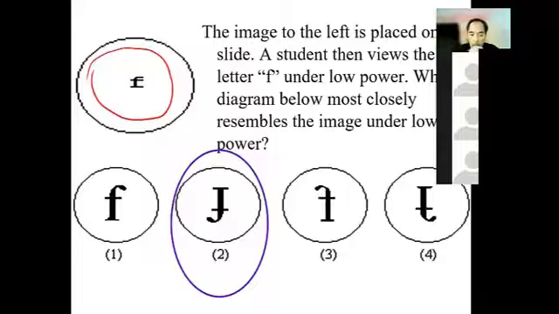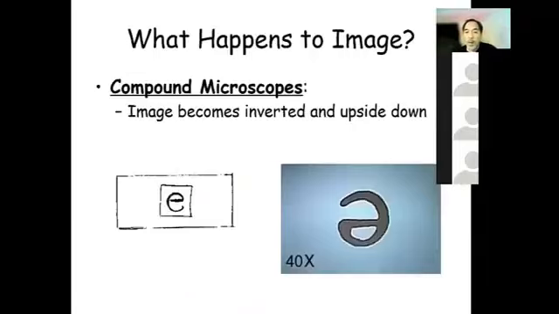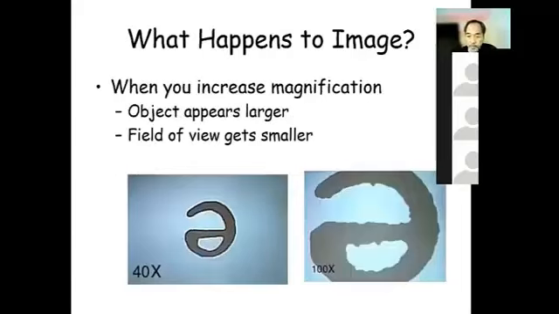This image becomes inverted and upside down, what you see on the microscope. And then on 40x, this is how you see it. Compared to 100x, you only see the field of view becomes lesser and the specimen becomes enlarged or magnified. So the objective appears larger, field of view becomes smaller.